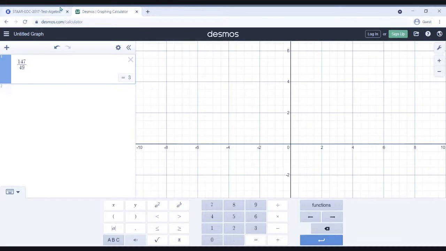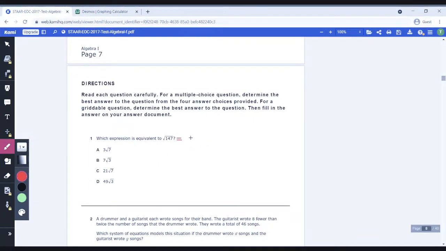So 49 is actually a divisor of 147. So our answer would be 7 square root of 3.